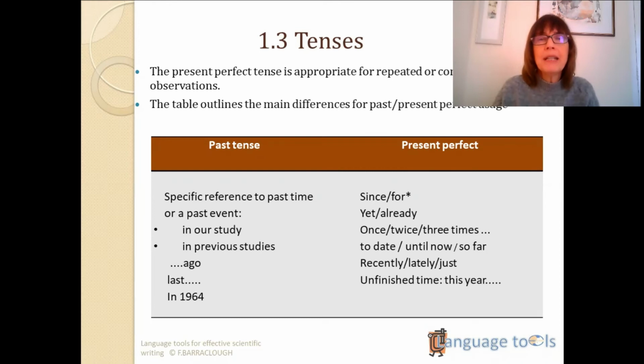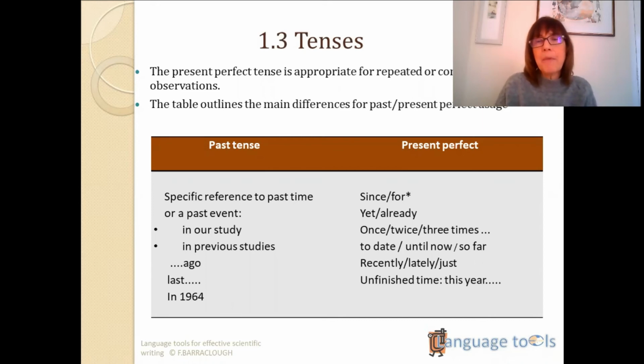The present perfect tense is appropriate for repeated or continuous observations, and the past tense rather refers to a past event. So for example, in our study, in previous studies, ago, last, in 1964, we will use the past tense.